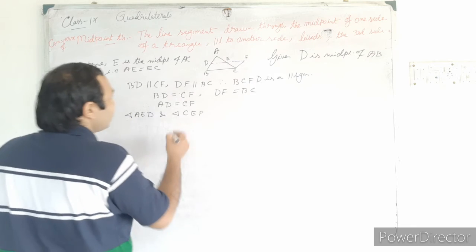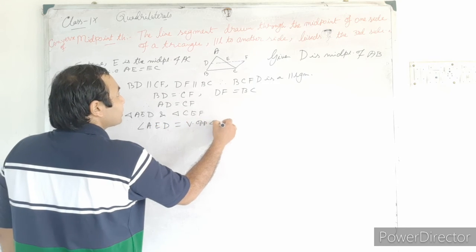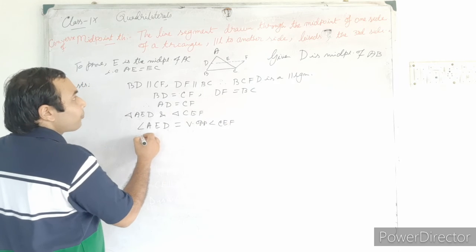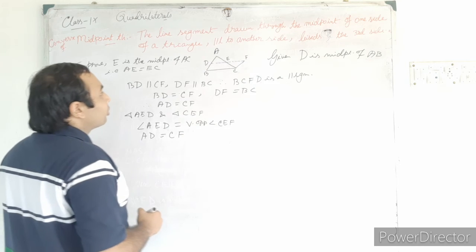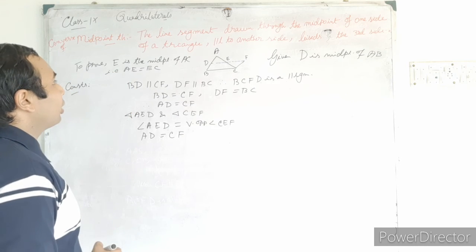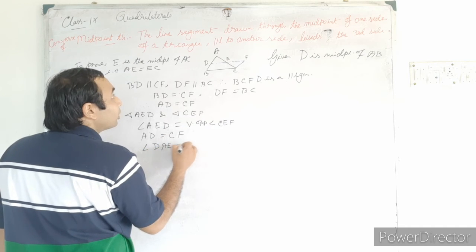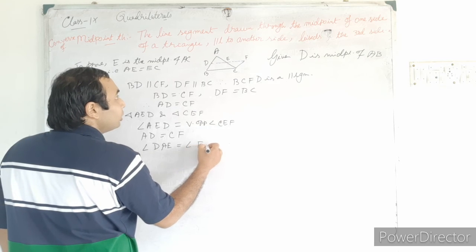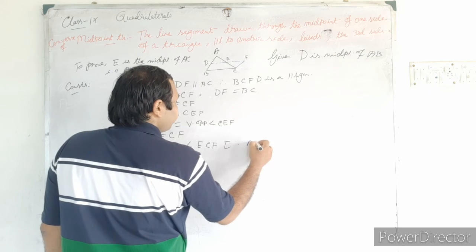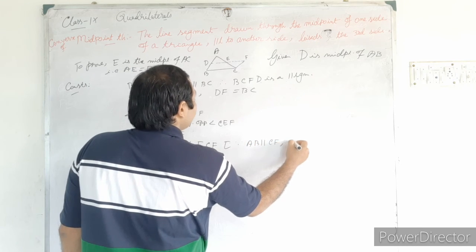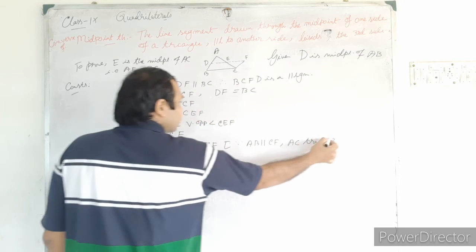So in AED and CEF, angle AED is equal to the vertically opposite angle CEF, and AD is equal to CF, it is given. And another one, angle DAE is equal to angle ECF, since AD is parallel to CF and AC is the transversal.